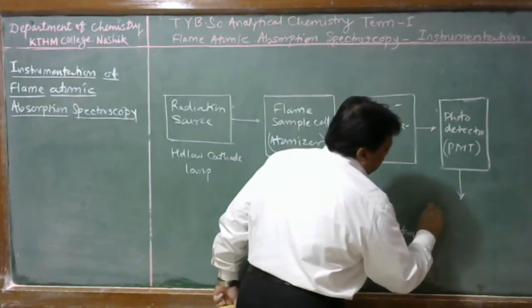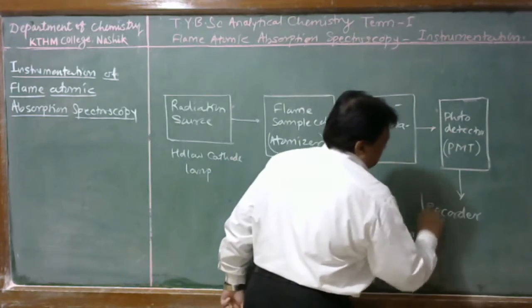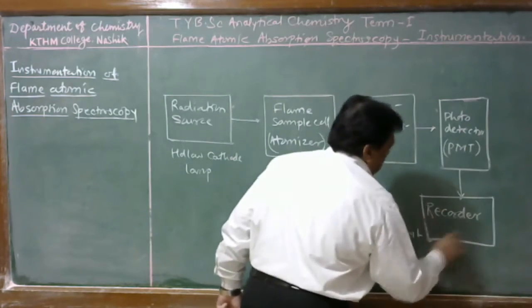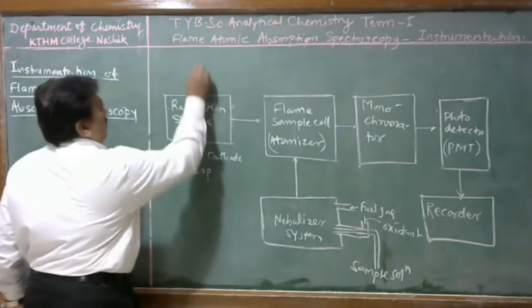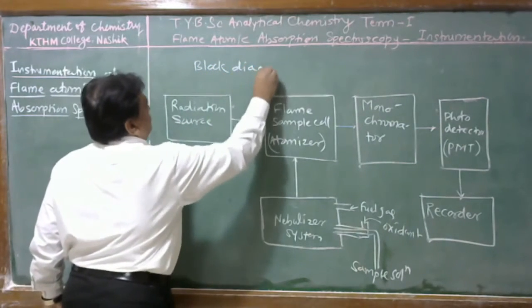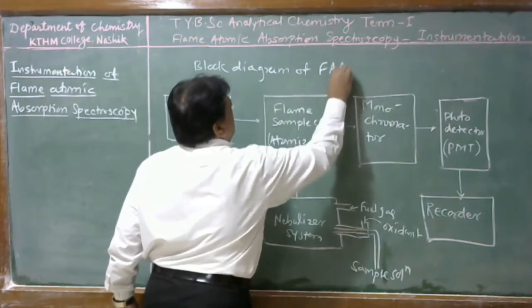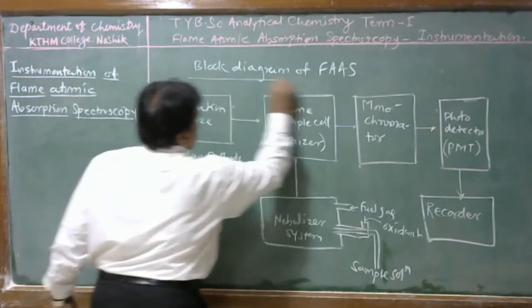Finally, an amplifier and recording system is placed. This is the block diagram of a flame atomic absorption spectrophotometer.